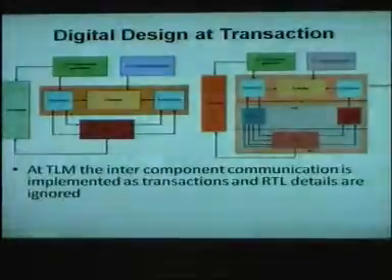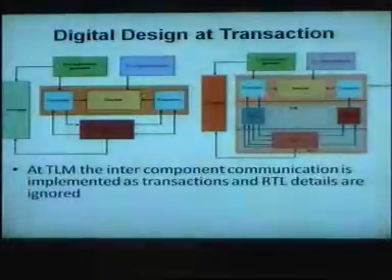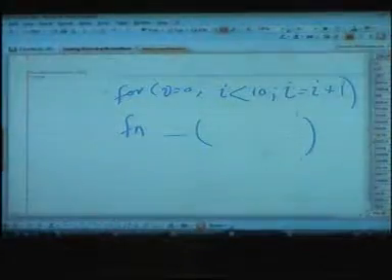Then another thing which is happening, because designs are becoming more and more complex, right? And the complexity usually is in interfaces, and interfaces are very difficult to program, very difficult to make the interface between two devices work.